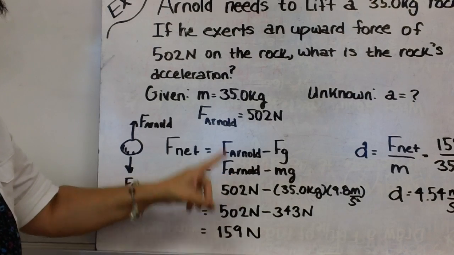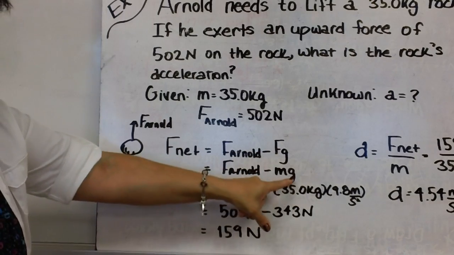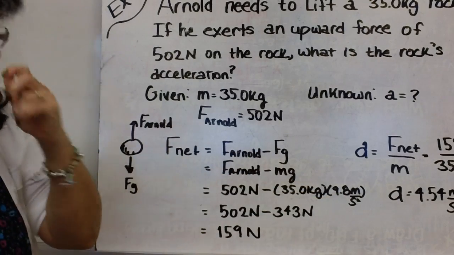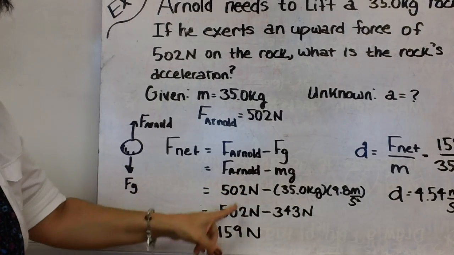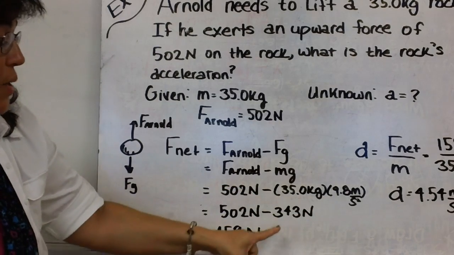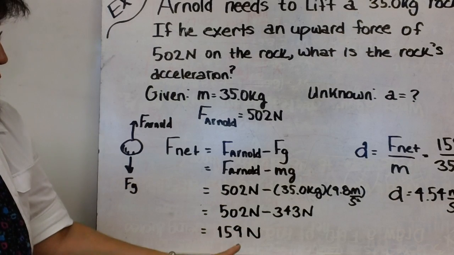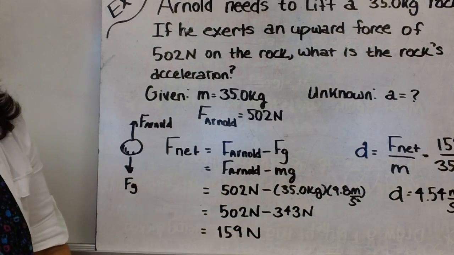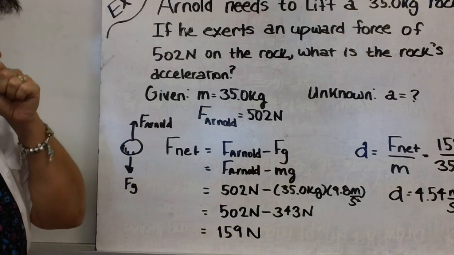Force of Arnold is 502, the mass is 35 kilograms, and gravity is 9.8. We don't put negative 9.8 because the negative is already in the subtraction. So we have 502 minus, if I multiply 35 times 9.8, I get 343. 502 minus 343 is 159 newtons. Well, that is our F net. That is not the answer we're looking for.